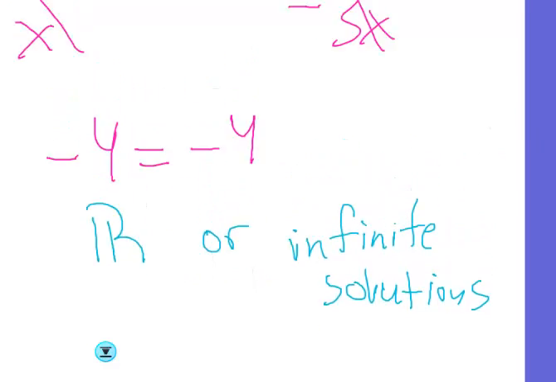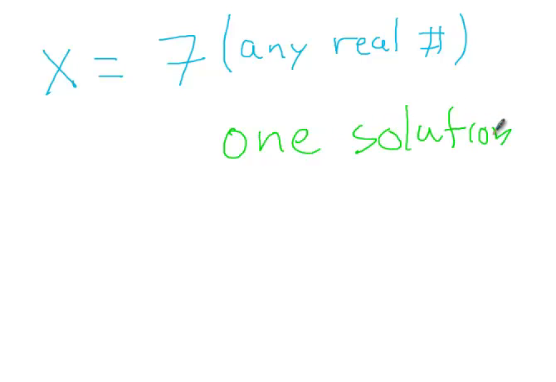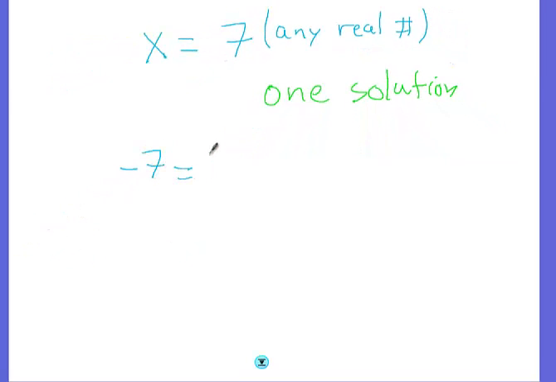All right. So really, when we talk about equations, if you get x equals 7, or really any real number, okay, you have one solution. If we get something where both sides do not equal, like -7 equals 10, that's never going to be true.